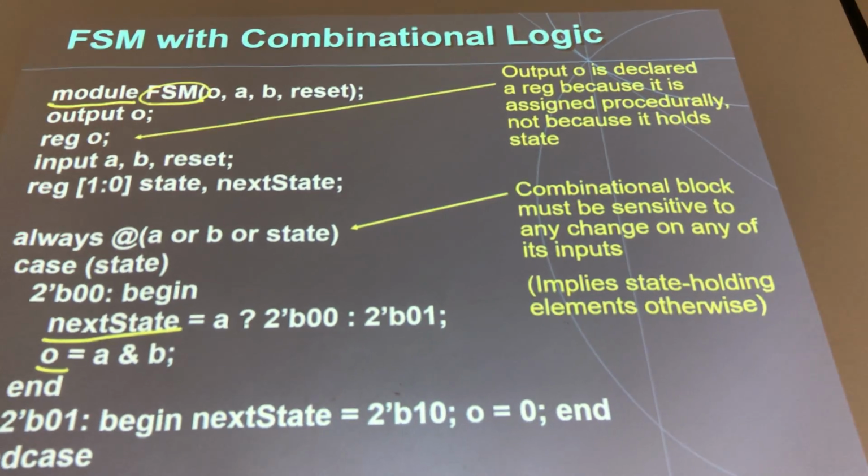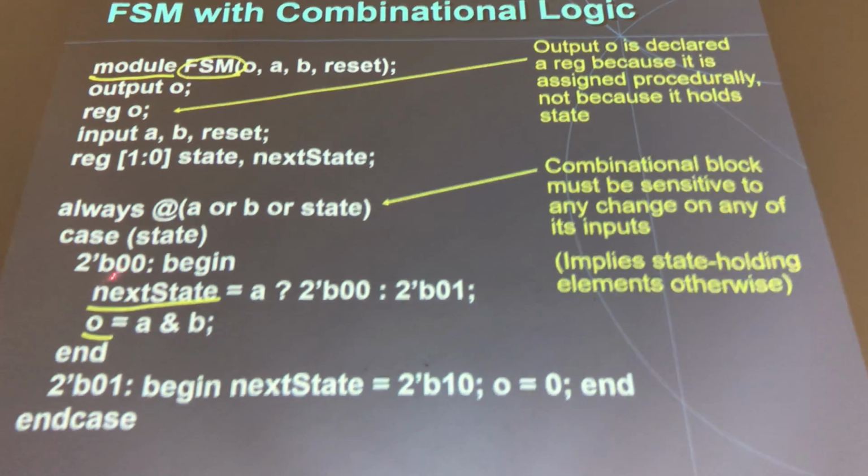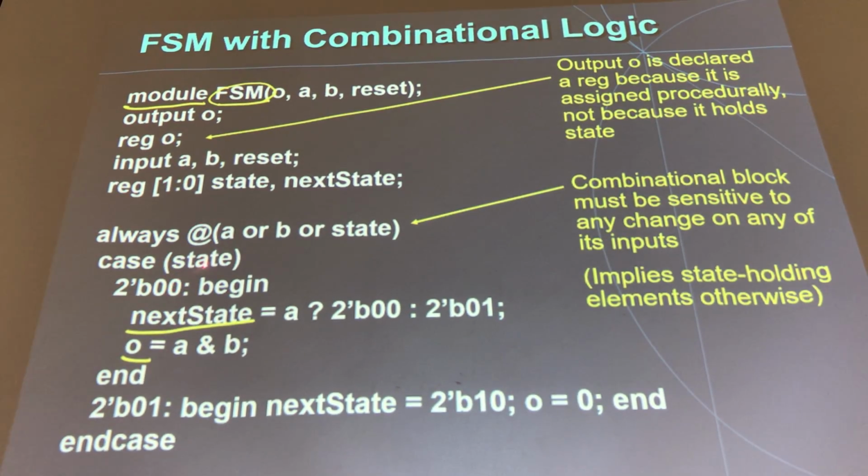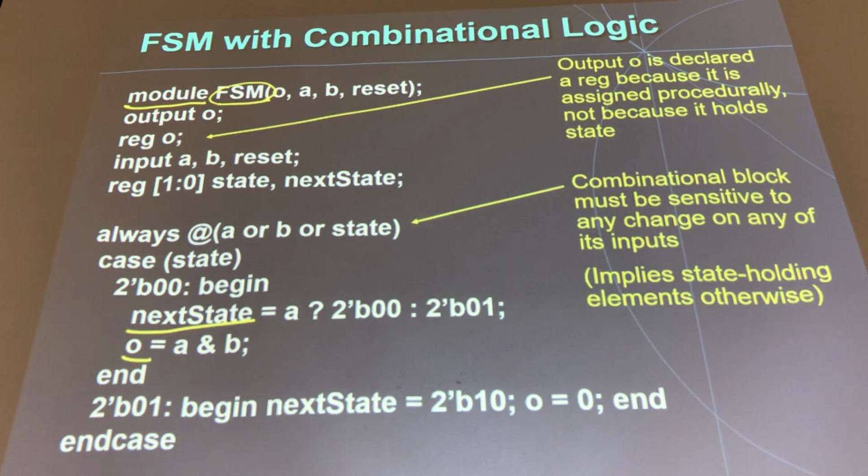That's when the state is 0, 0. When the state is 0, 1, then you do this. The next state will be 1, 0. This time you don't have to look at A, simply 1, 0. The output is simply 0. You don't have to look at A or B.